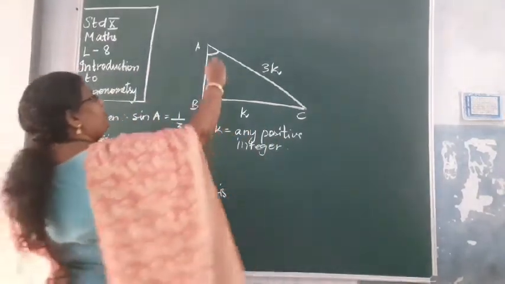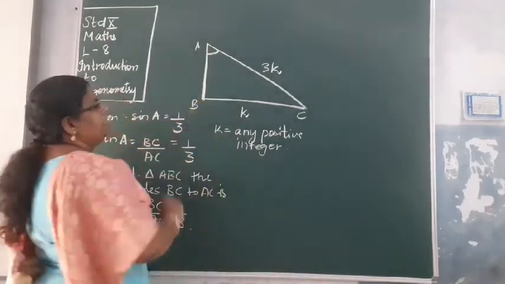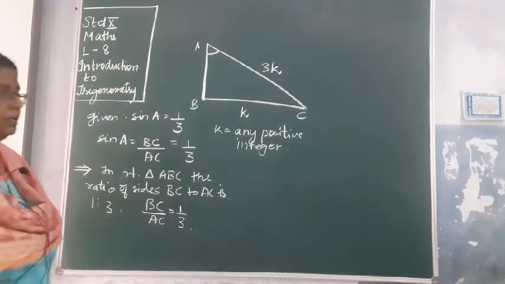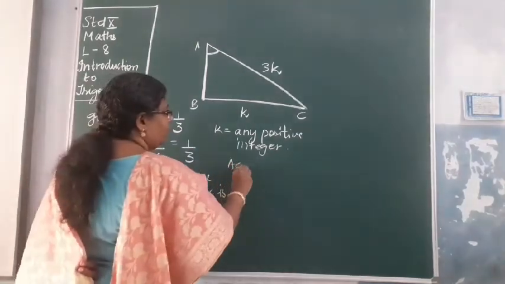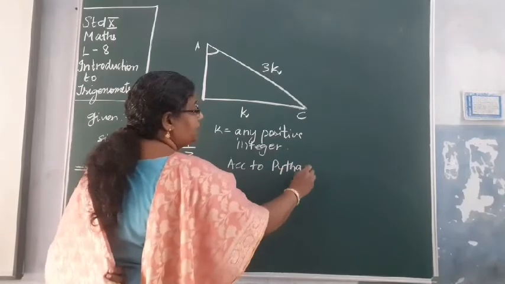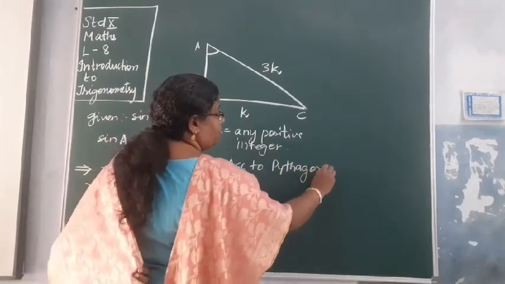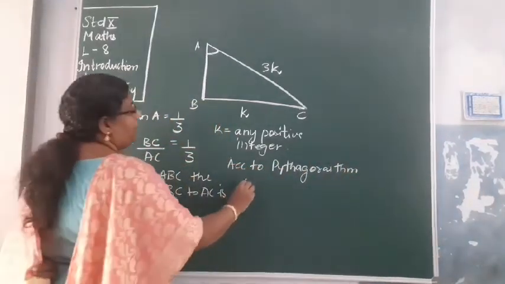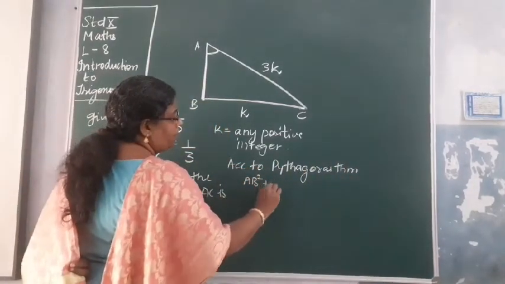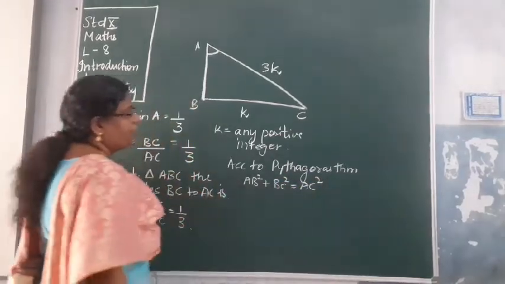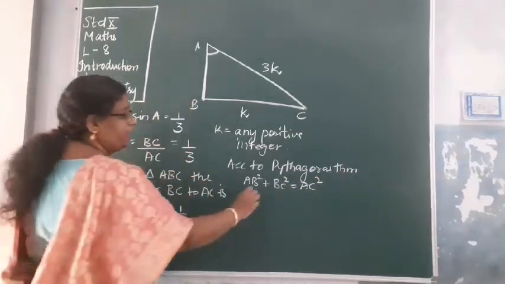Now can we find the side AB using these two values? You can find. So according to, है ना, Pythagoras theorem, it's a right angled triangle. Okay, so according to Pythagoras theorem, I have AB square plus BC square, it is equal to AC square. Our intention is to find AB square.